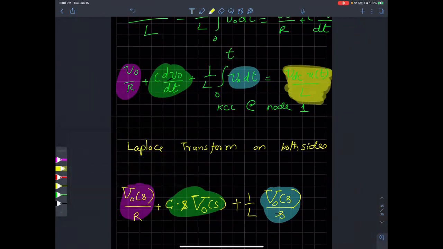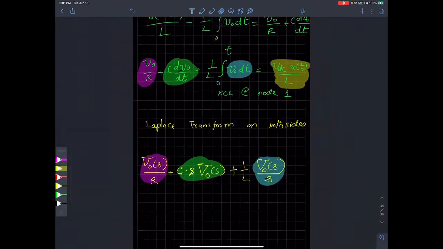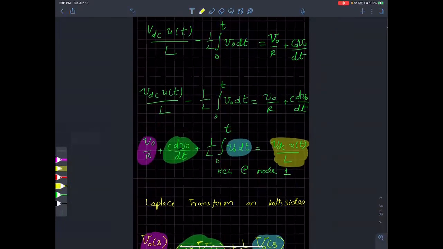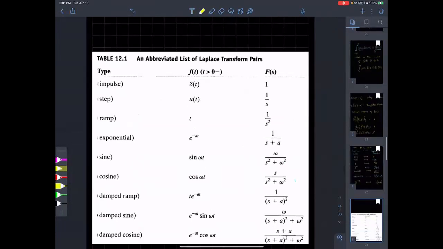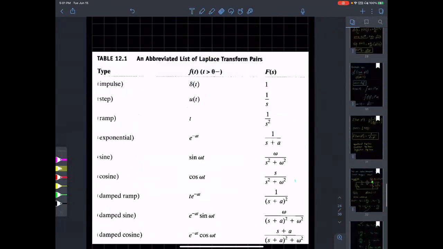We still have to write the Laplace transform of that guy. How do you write it? Well, we can go back to our table again, which is VDC U of t over L. If you have U of t, its Laplace transform is 1 over S. That's what we are doing here.